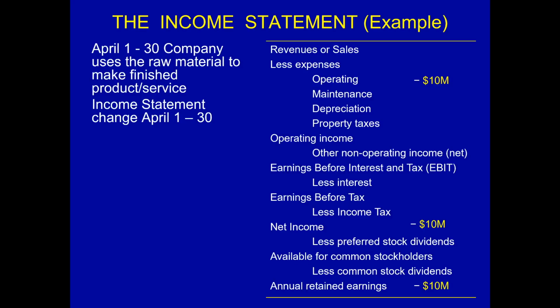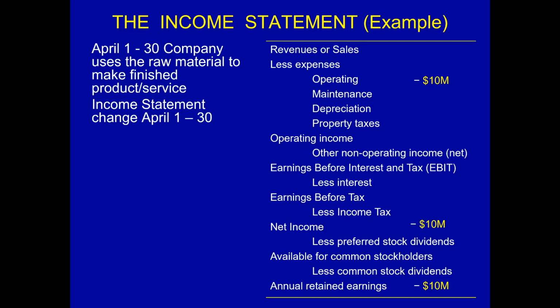Let's say that the material and supply which came has been used in generating the revenues. The fuel has been used to produce electricity, and that is shown over here in the income statement. It uses the raw material to make a finished product or service.